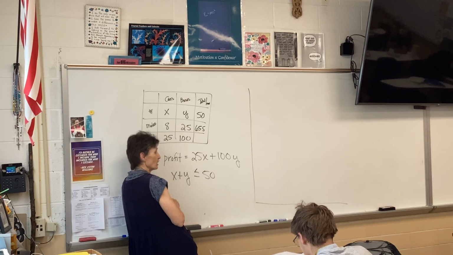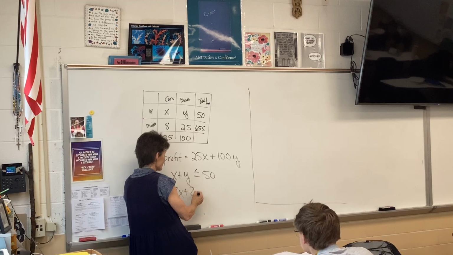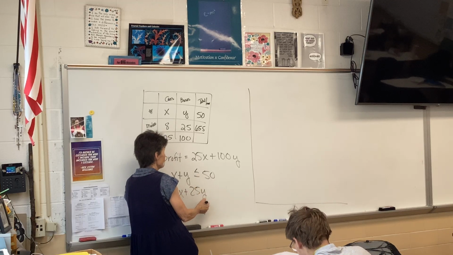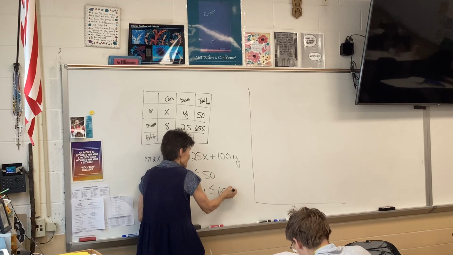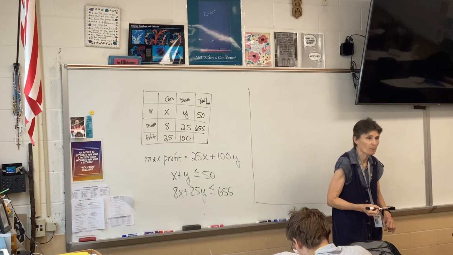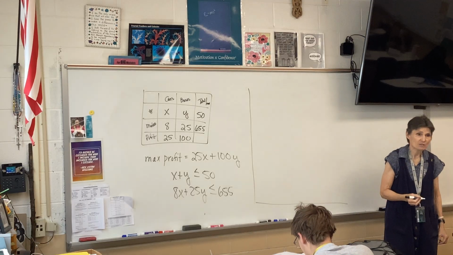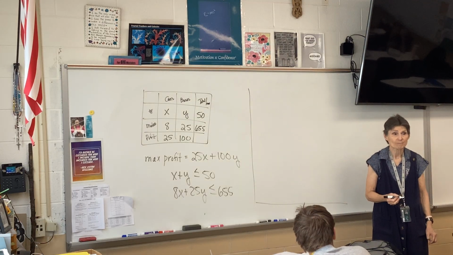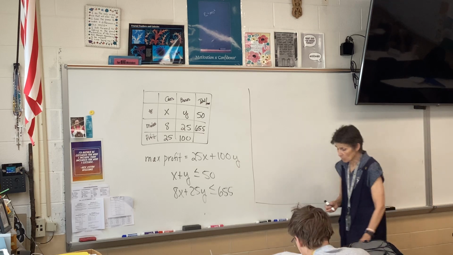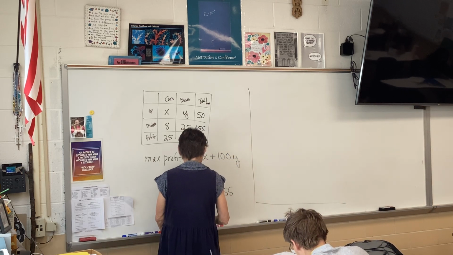What else am I going to be graphing? 8x plus 25y is less than or equal to 655. Kids, you only have 655 meters of parking lot, so whatever the cars and buses are taking up has to be less than that, right? And x and y are both positive because obviously we can't have negative cars.